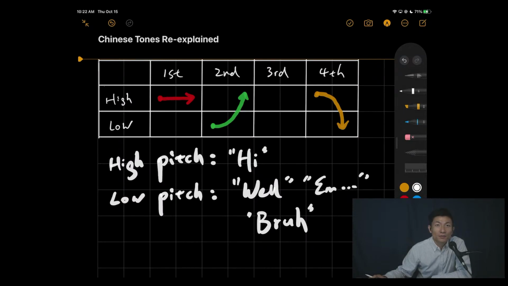Okay, so now you have a high pitch clearly defined, and you have a low pitch clearly defined. Okay, so "hi", and then let's put that with the first tone, it's going to be "hi, E". But pay attention, when you're saying "hi", it's a little bit different, because the "hi" doesn't sustain in the high pitch range.